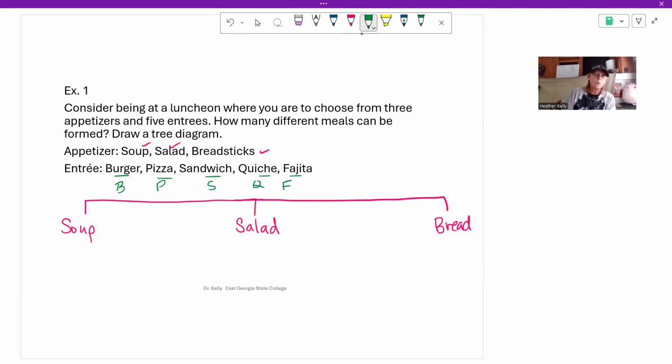And so underneath each of these, we're going to have 5 options. And that's the same for this. And finally for this.